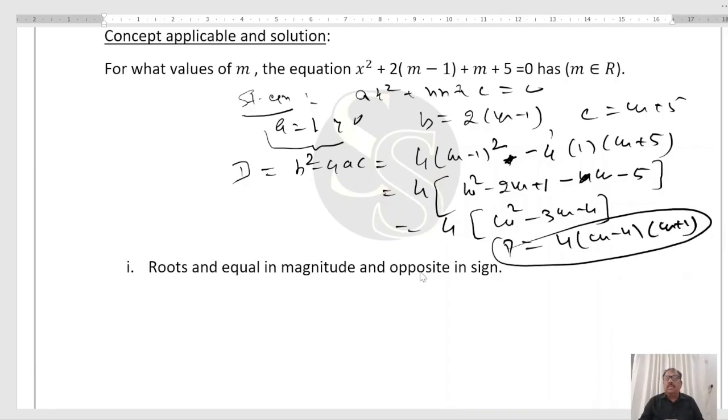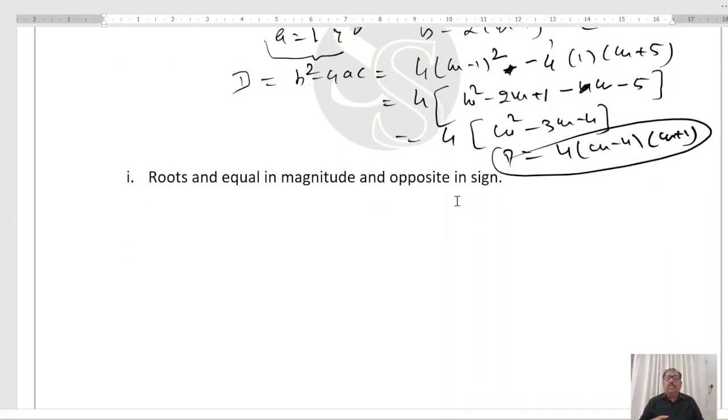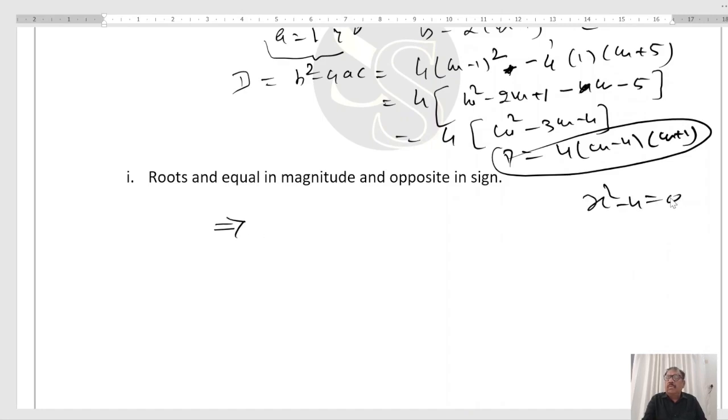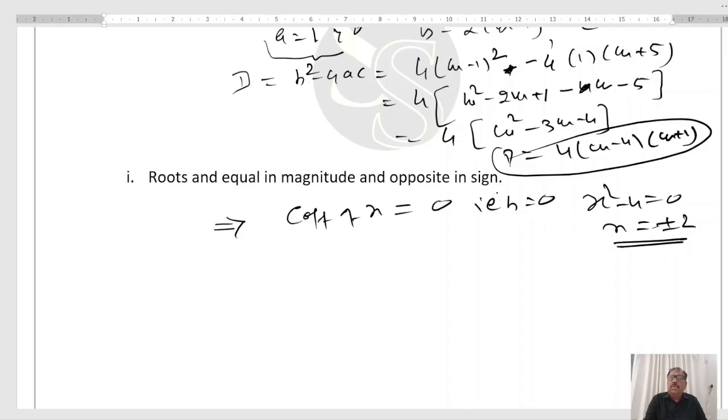Now, roots are equal in magnitude and opposite in sign. Suppose x square minus 4 equal to 0, x equal to plus minus 2. This means the coefficient of x should be equal to 0; that is, the b part should be equal to 0 and D should be greater than 0.